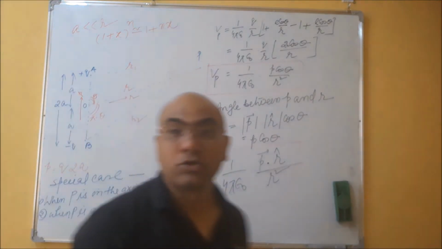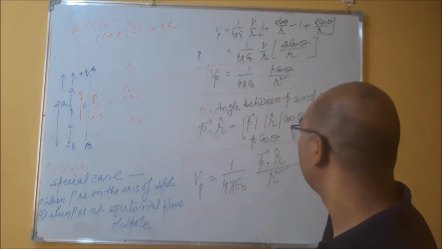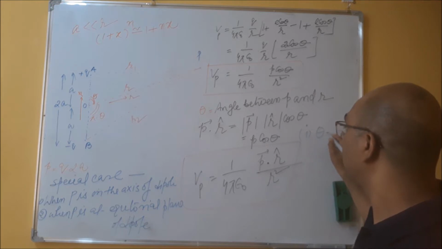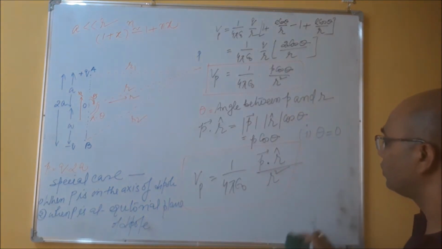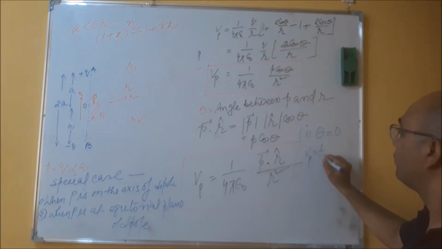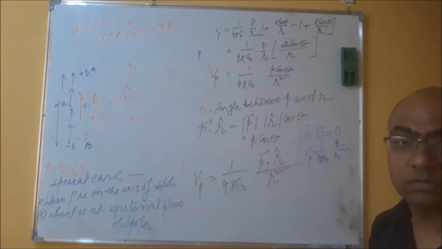Right? So in the first case, the value of theta will be 0. When you put theta equals 0, cos 0 is 1, then Vp will be 1 upon 4 pi epsilon naught P upon R square.